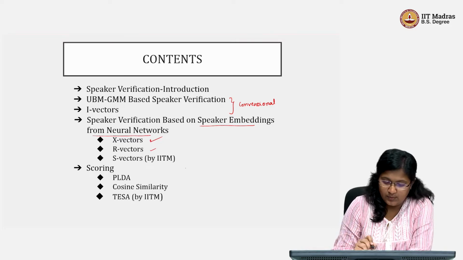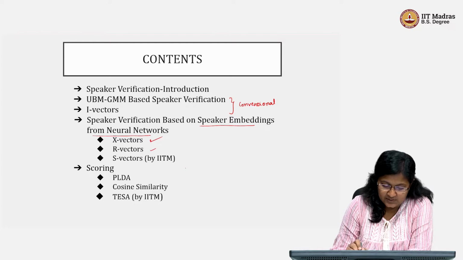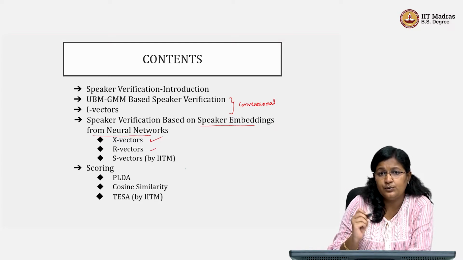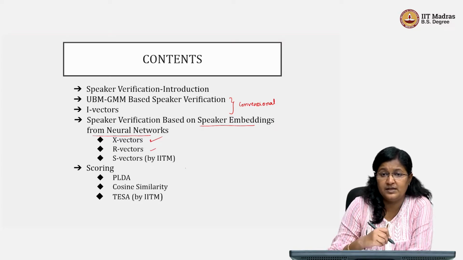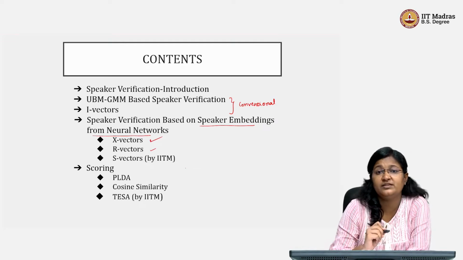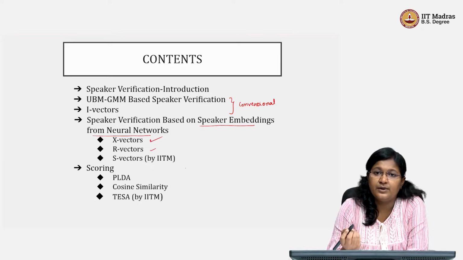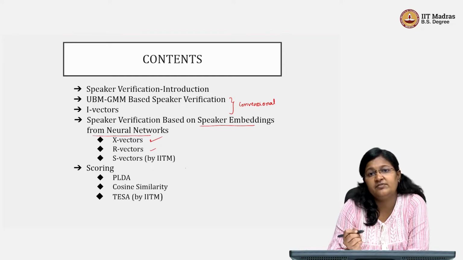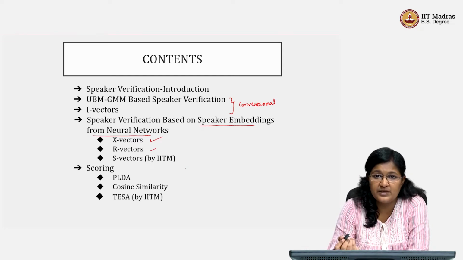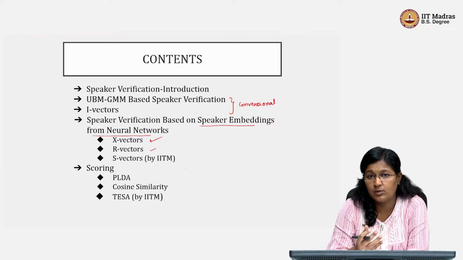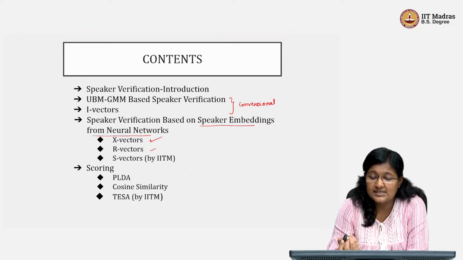Once we extract the speaker embeddings, we have to perform some scoring to identify whether it is from the same speaker or not. You put a threshold on the scores, and if it is greater than the threshold, you accept that it's from the same speaker, and if it is lesser than the threshold, you say that it's from a different speaker. But to get those scores, we need some techniques.